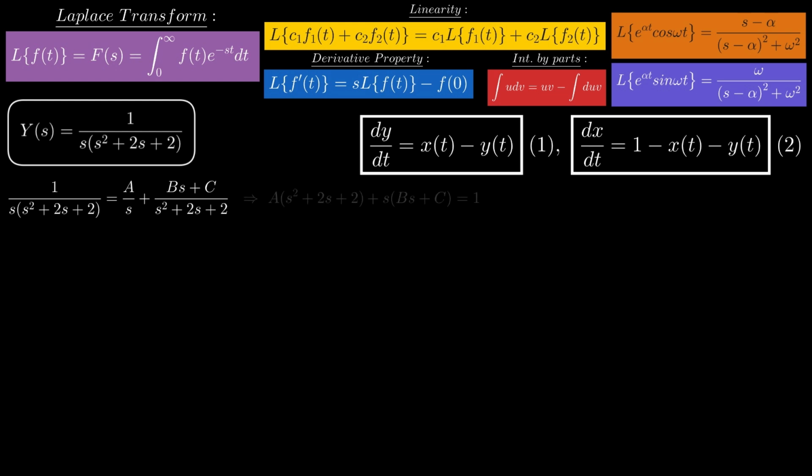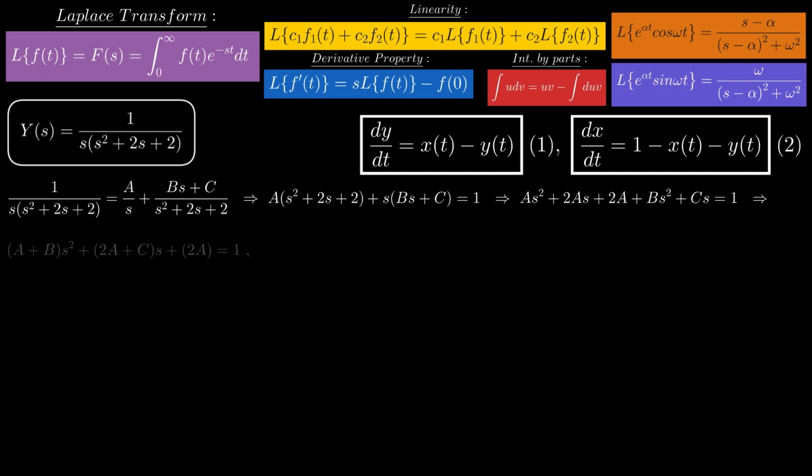And we have big A times (s squared plus 2s plus 2) plus s times (big B times s plus big C) equals 1, which is big A s squared plus 2 big A times s plus 2 big A plus big B times s squared plus big C times s equals 1, which is (big A plus big B) times s squared plus (2 big A plus big C) times s plus 2 big A equals 1.